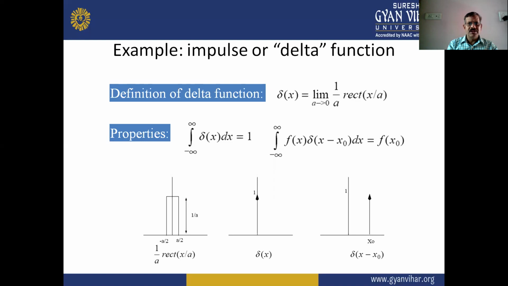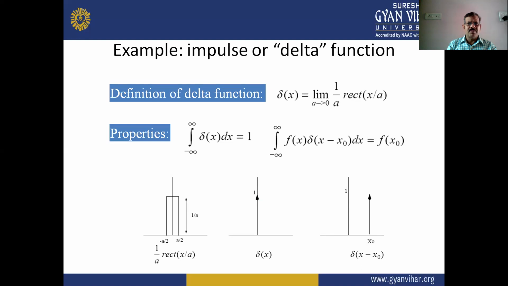So, the definition of the delta function: delta(x) equals the limit as a tends to 0 of 1 upon a times the rectangular function of x upon a. So this is the delta function.